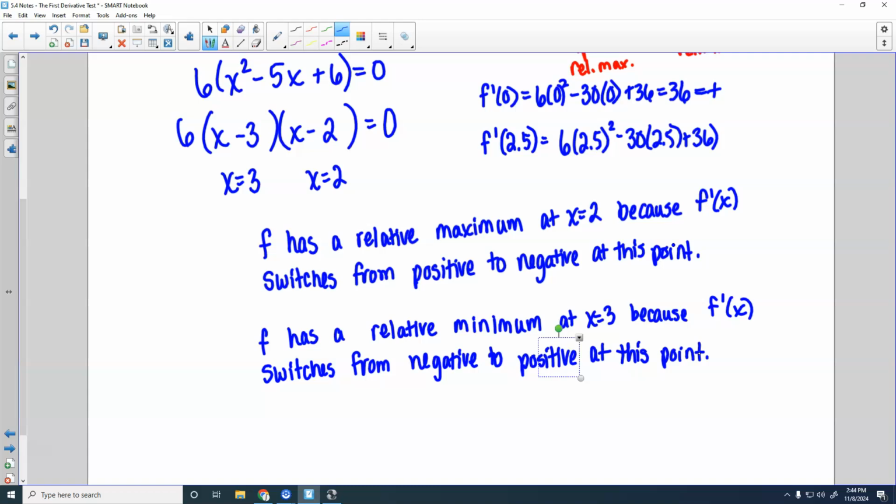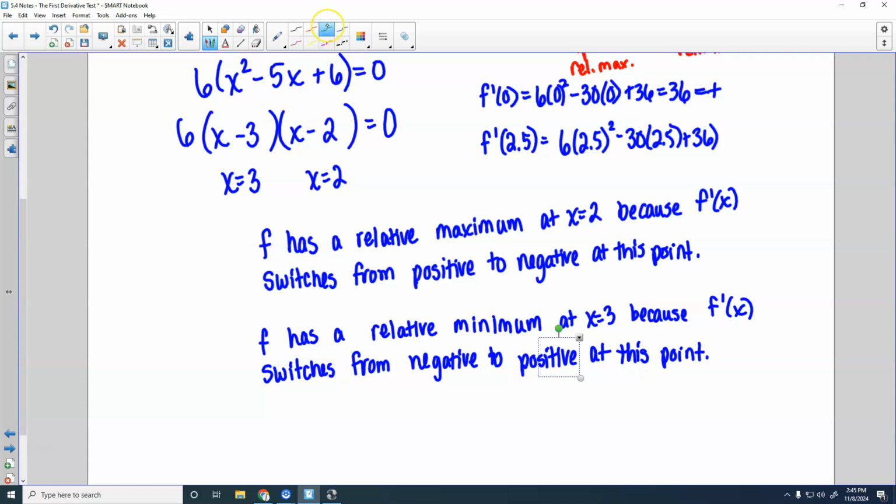You have to have all of this. This is required. You've got to say whether it's a relative maximum or minimum. You've got to give the point, and you have to tell that the derivative switches from positive to negative at that point.